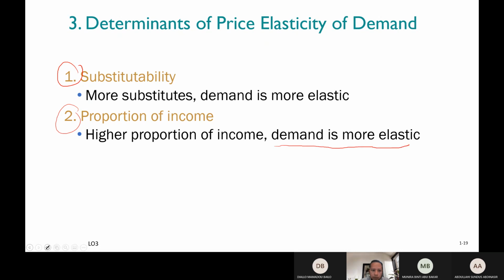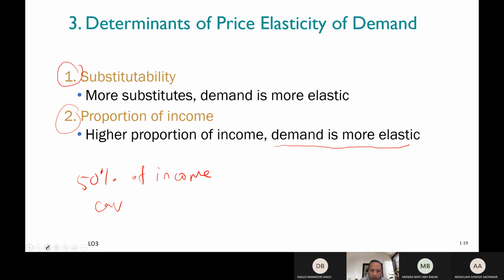So for example, if the item that is being sold is 50% of the average income, for example a car. Maybe for the car, the person has to spend 50% of his income to pay the monthly payments.